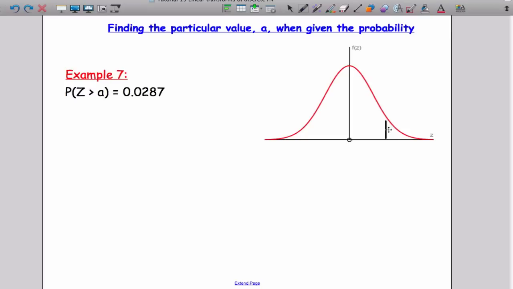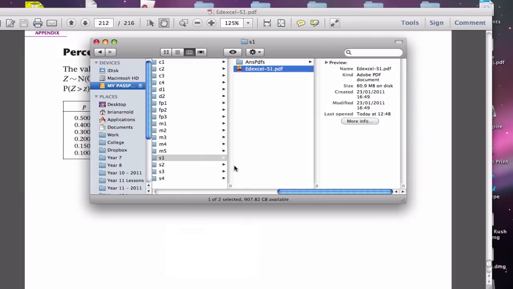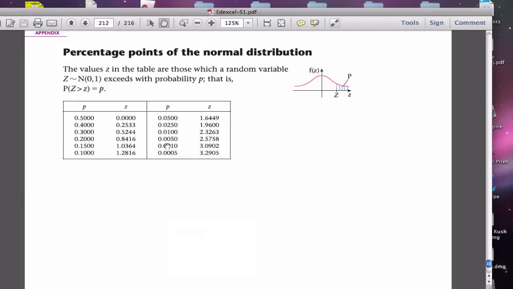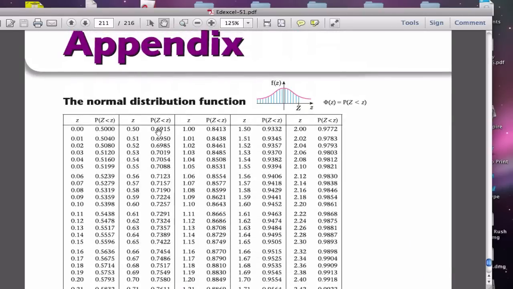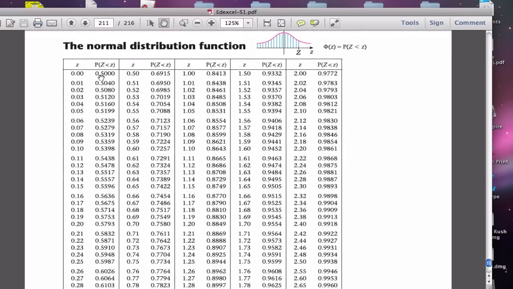I know that this is 0.0287 and that's my particular value A. Now if I go to my table, there's nothing here that represents 0.0287, and if I look at my normal distribution table here, I can also see that the probabilities start at 0.5.